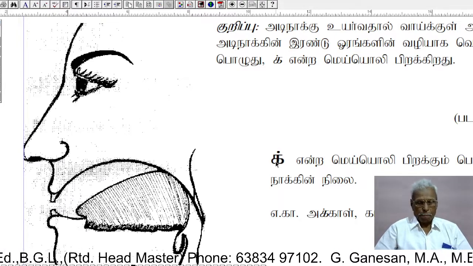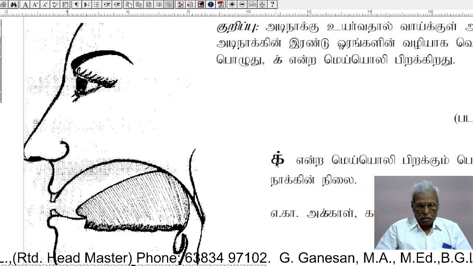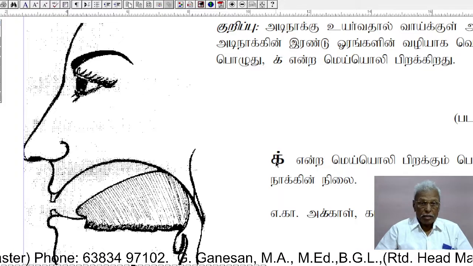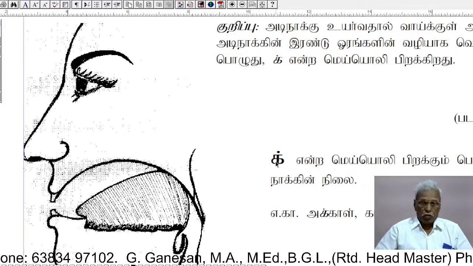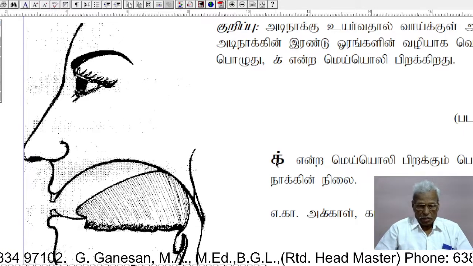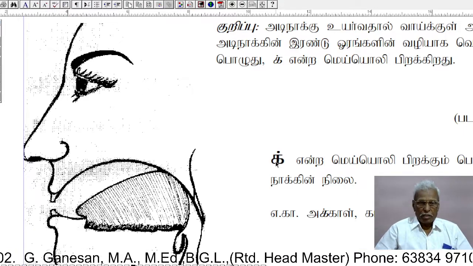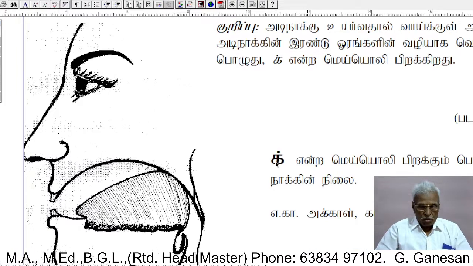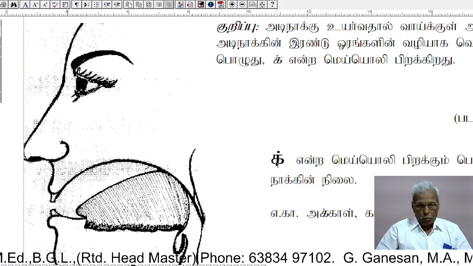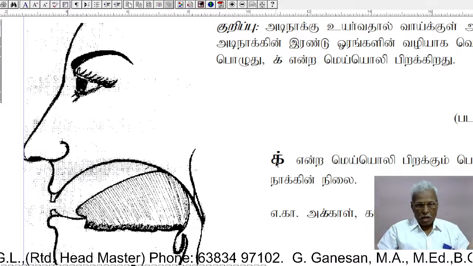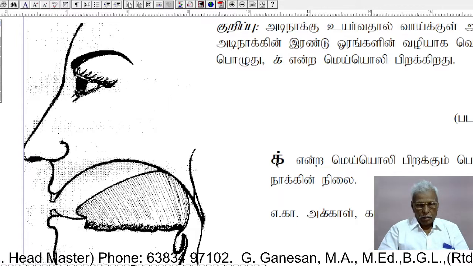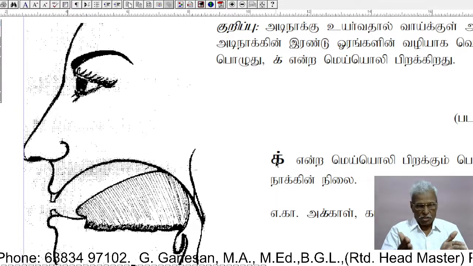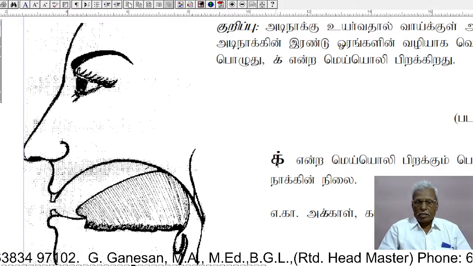Let us see that. The phoneme 'ik' is produced by raising the back of the tongue towards the soft palate and making a tight contact and sending out the blocked air through the side passage of the mouth, through the sides of the tongue.